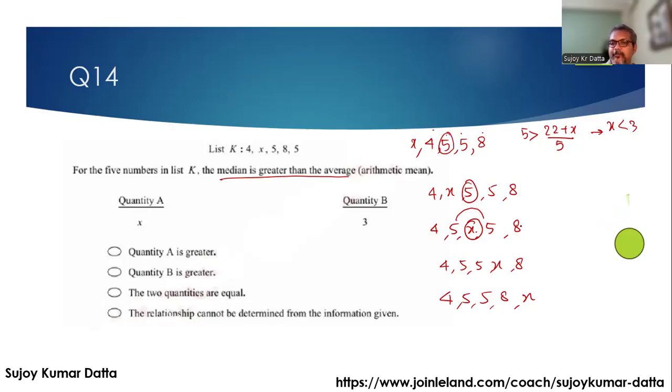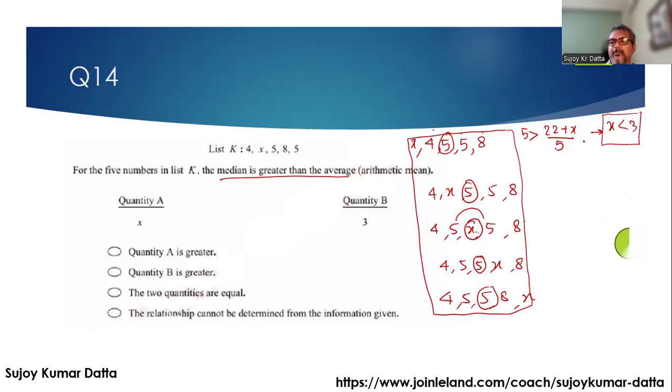So x itself is 5, and in that case, the median itself is 5 as well. So it's the same scenario. Here also the median is 5, and here also the median is 5. So in all of these cases, the median is actually 5. So we just have only one solution, that x is always less than 3. So quantity B is bigger, and that is our answer.